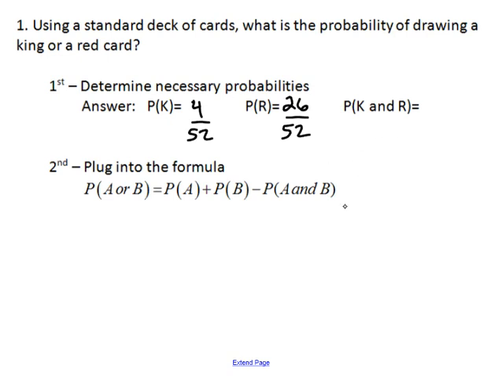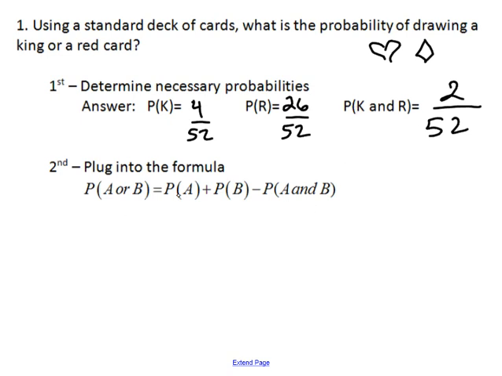So 26 out of 52. Now, the probability of king and red, okay, that means red kings. Well, how many red kings are there? You have the king of hearts and the king of diamonds. So there's 2 of them that are both red and king.